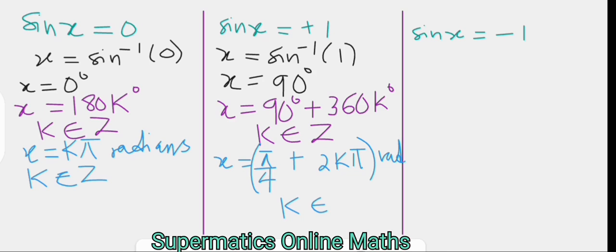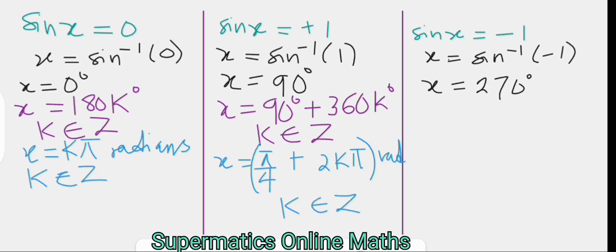K is an integer. And thirdly, when sine x is negative 1, then x is going to be the sine inverse of negative 1. And the starting angle for the sine inverse of negative 1 is when the angle is 270 degrees. So as usual, with 270 degrees as the starting angle, every addition or subtraction of 360 degrees will always make the value of sine x to be negative 1.